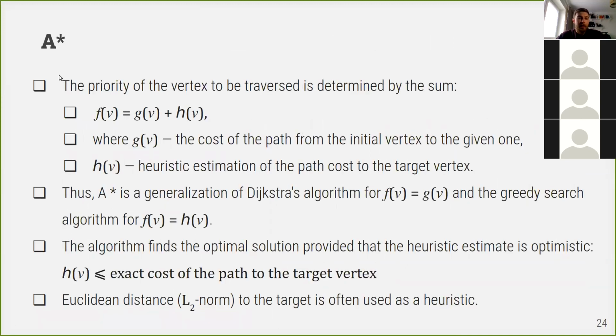And then there is informed search, and the most popular algorithm in robotics for graph informed search is A star and its modifications. There are many modifications of this algorithm, and it is really used in practice a lot.